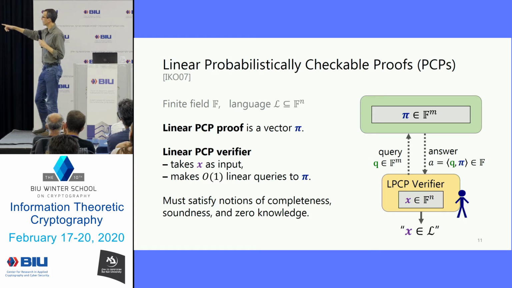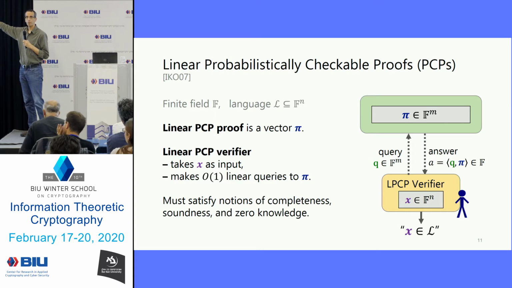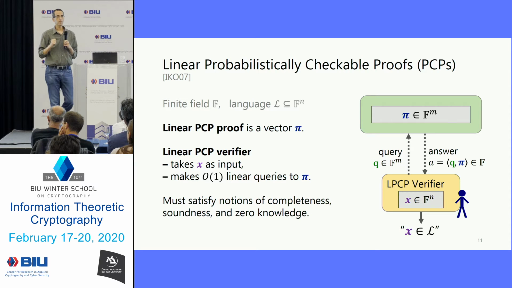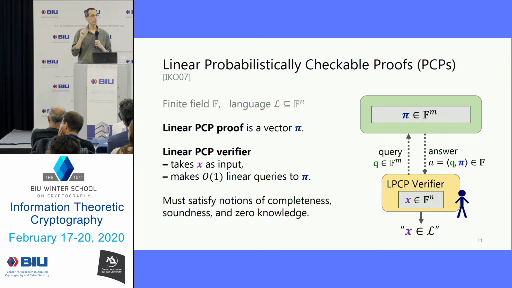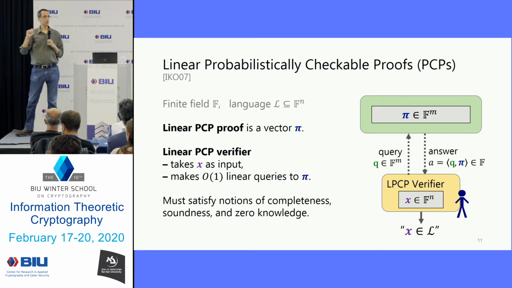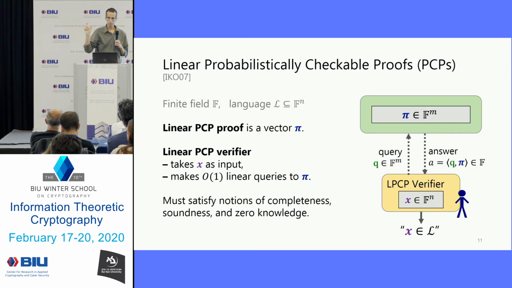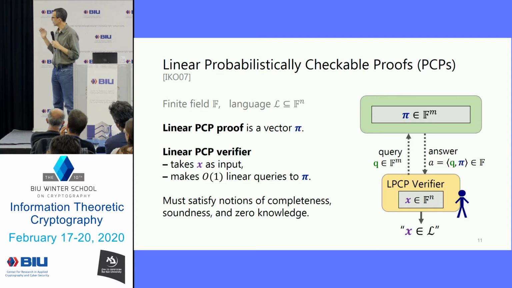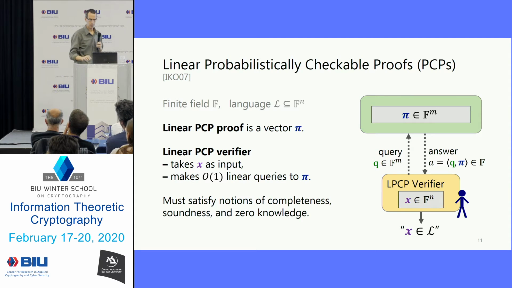The query is the same length as the proof, which is also a vector over the field. And what the verifier receives is the inner product of the proof and the query. So it sends the query Q and gets back the answer A, which is the inner product of Q and pi. We have to satisfy the same notions of completeness, soundness, and zero knowledge, but with this linear approach.